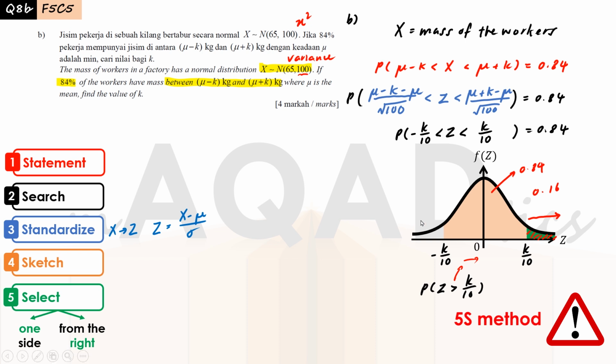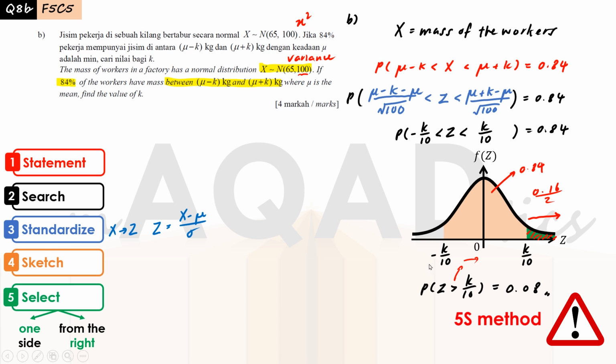So I can divide this 0.16 by 2 to find the area of one side. So this green part will be 0.08.